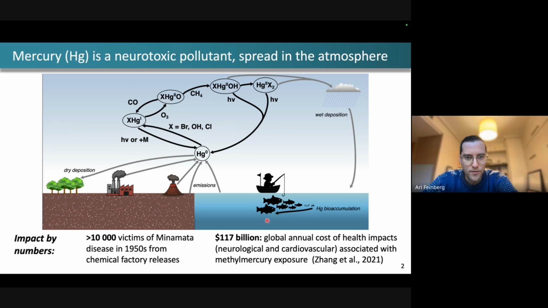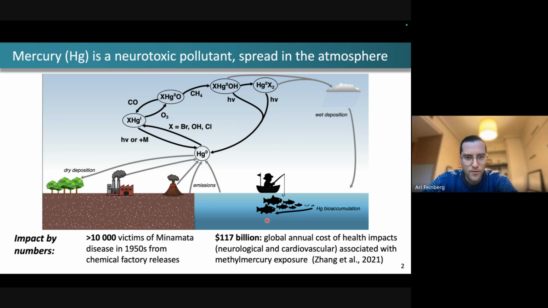And so just to give you an idea of the impact by numbers, the mercury issue started to come into global awareness with the Minamata disease, which started in the 1950s in a bay in Japan, where mercury was directly released by a chemical factory.